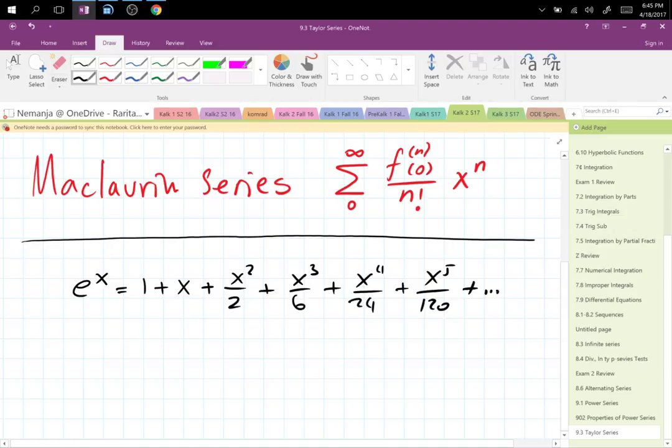But you have to understand that this power series is useless if you are going to compute e to the 7, because these terms diverge at that point. They're not close. So you have to figure out the power series expansion around the point where you want to compute.